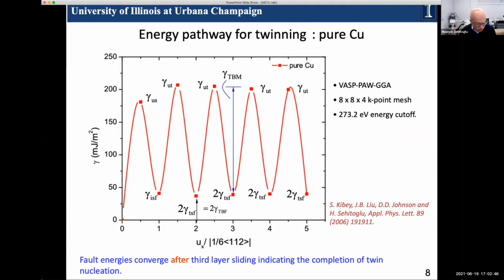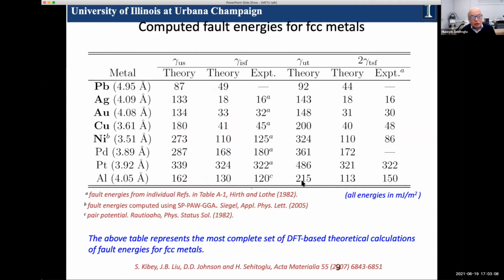And often the initial peak is associated with the initial formation of the first 2 layers, or in fact the 3 layers, is the nucleation of the twin, and then the subsequent growth is the migration barrier after the 3rd layer. So we first developed these numbers, gamma US, gamma ISF, and gamma UT.